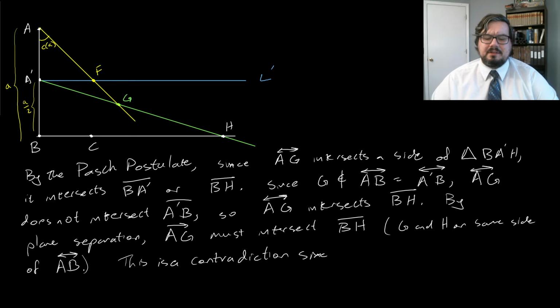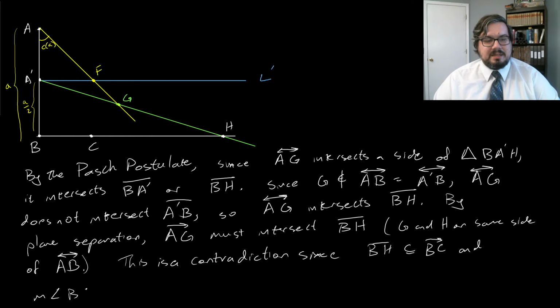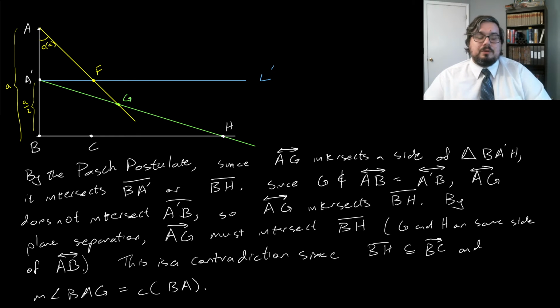Since the segment BH is a subset of the ray BC, and the measure of angle BAG is equal to the critical number of the distance BA, the assumption that we made that gave us this contradiction was that the critical number of A over 2 was equal to 90.